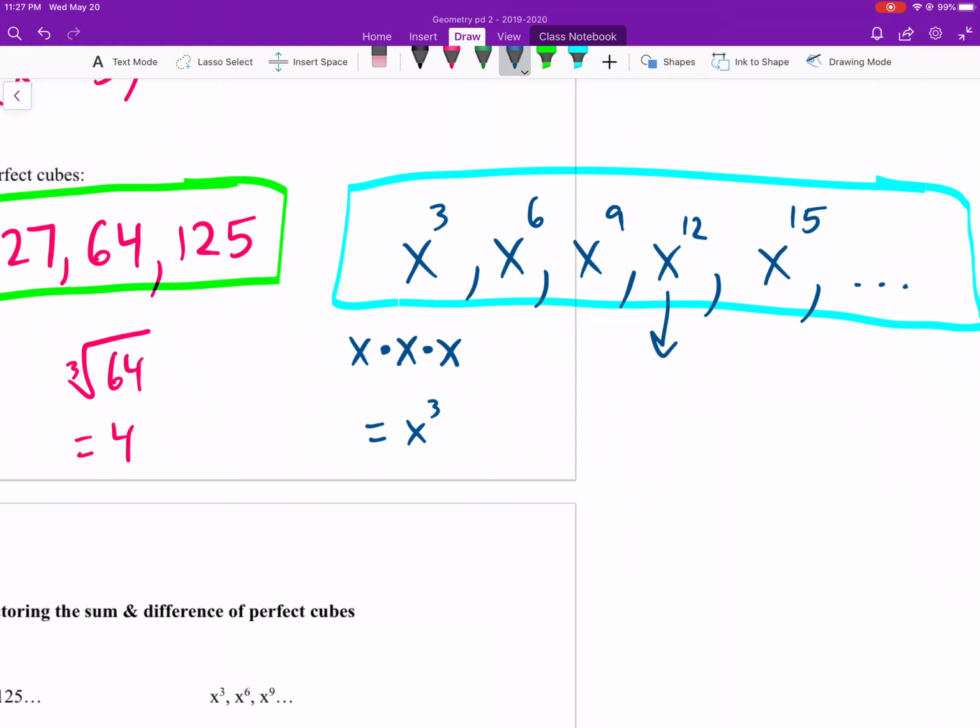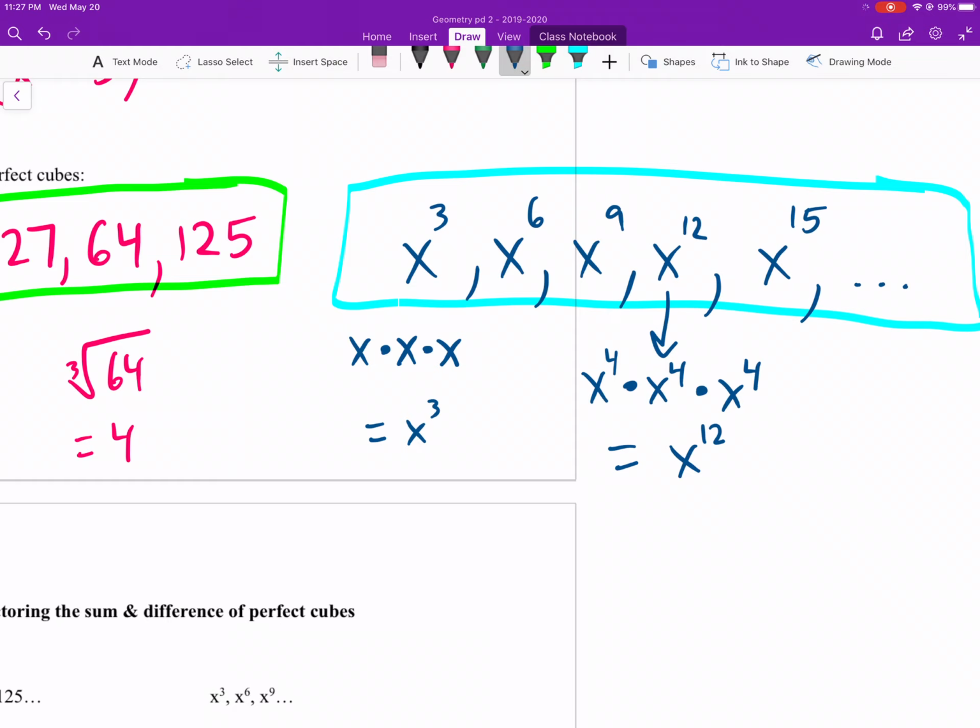And let's just look at this one. X to the 12th power. Why would that be? That's because x to the 4th times x to the 4th times x to the 4th, times itself 3 times, gives you x to the 12th. Remember, with exponents, when you're multiplying, you're adding the exponents. Just to show you where that comes from.